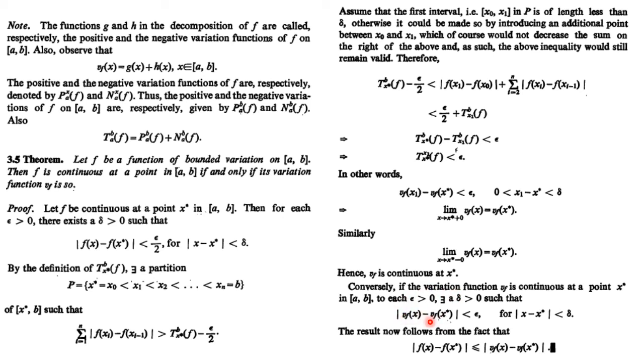Therefore this is also less than epsilon whenever this is less than delta, and this implies that f is continuous at x star. Since x star is any arbitrary point in the closed interval AB, it means our function is continuous.